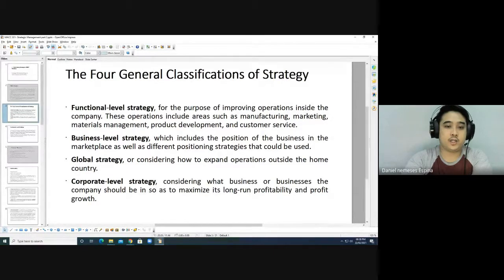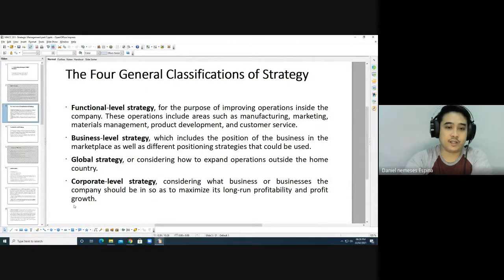The third classification of strategy is called the global strategy. So it involves strategies on how to expand operations outside the home country. So there are a lot of businesses that are expanding globally with the hopes of growing further their profits.